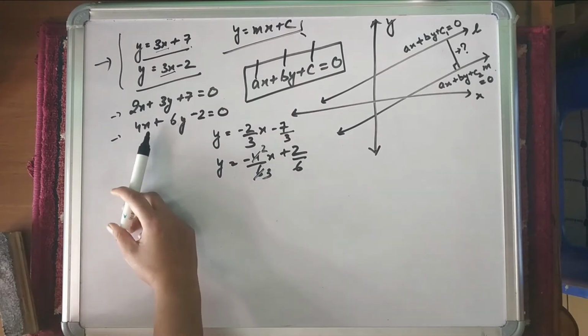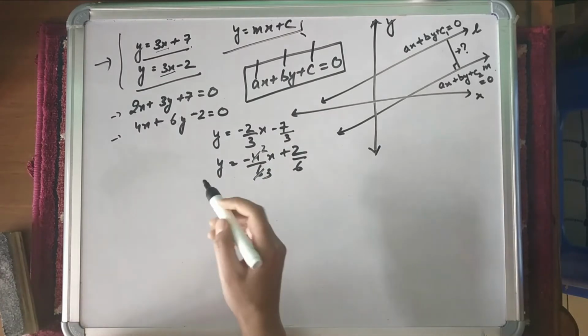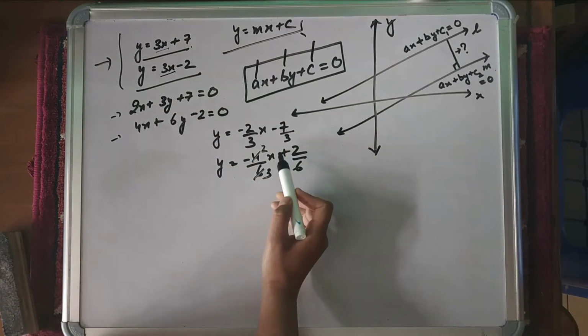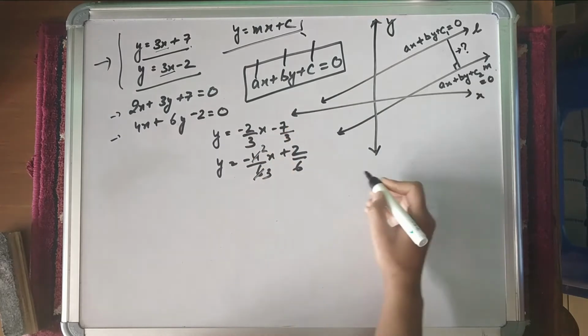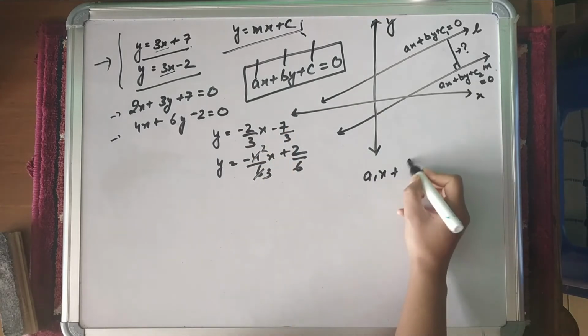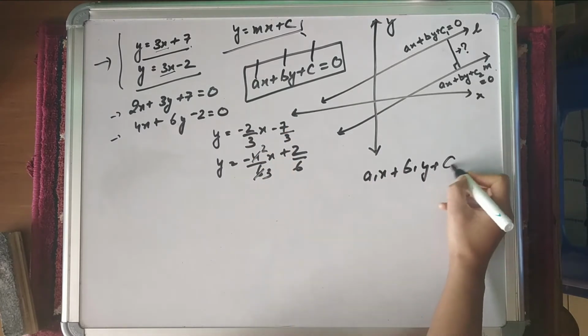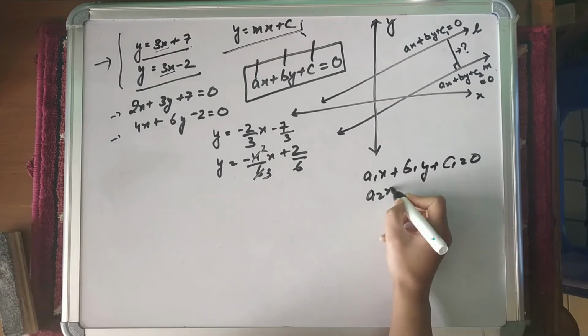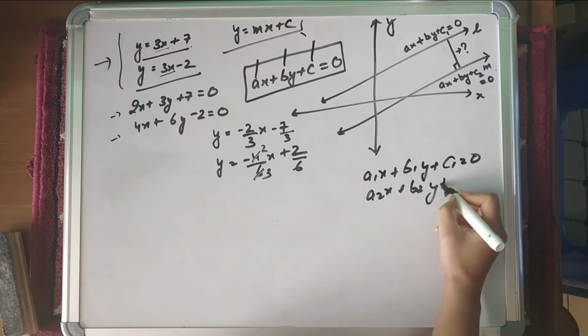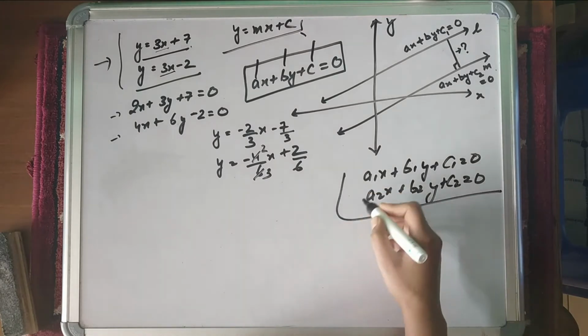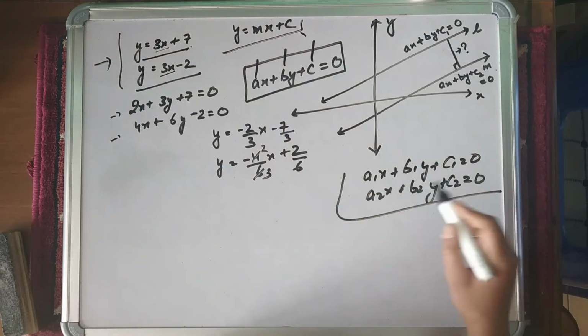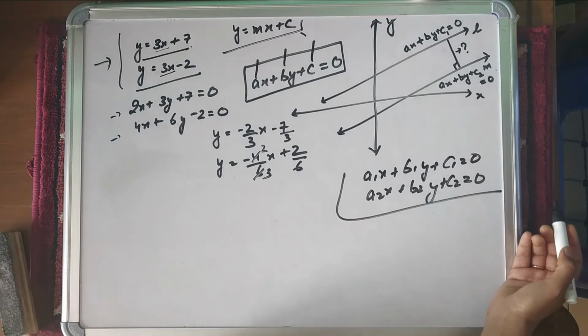In class 10 you learned: why convert the line into this format every time? Why not derive the formula in general form? If the two lines are this, then this can be solved generally into y = mx + c, and this also into y = mx + c format.